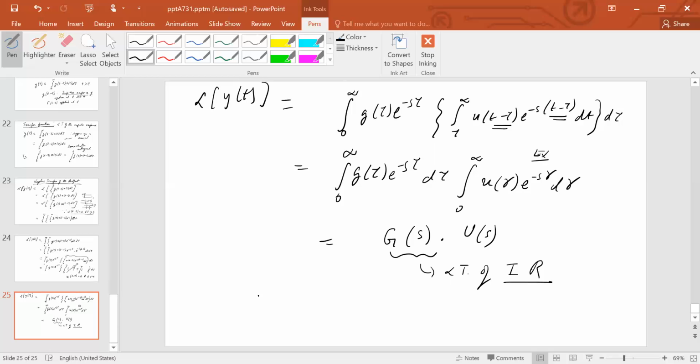So the Laplace transform of the output is nothing but the product of the Laplace transform of the impulse response and the Laplace transform of the input.